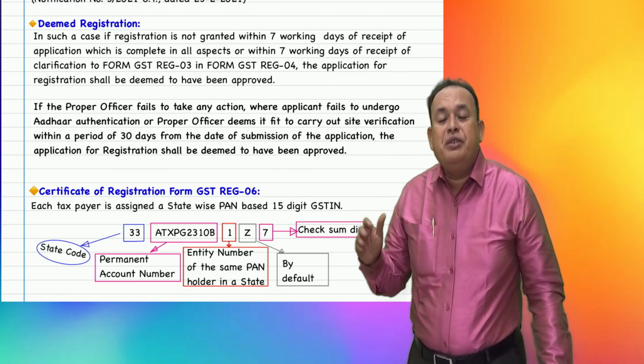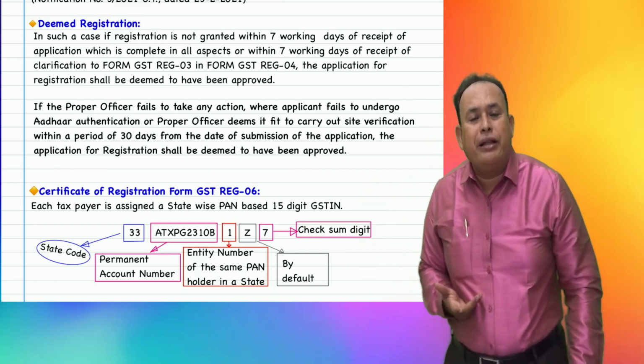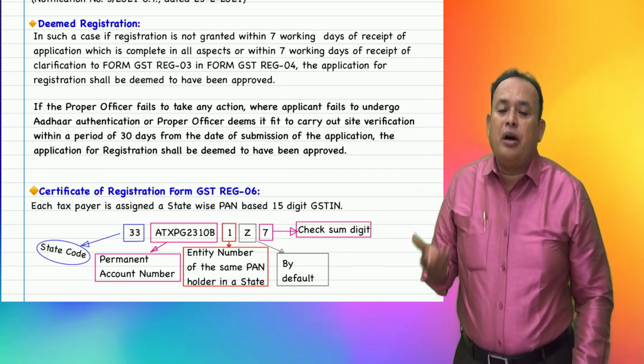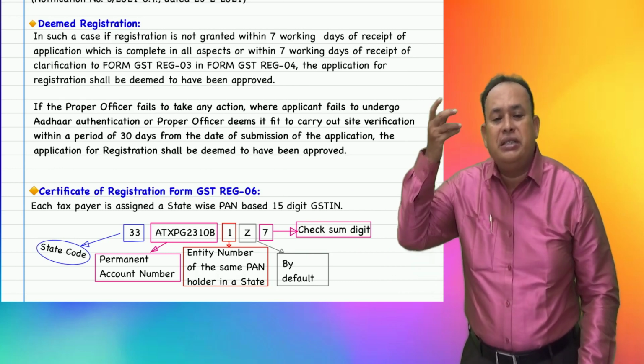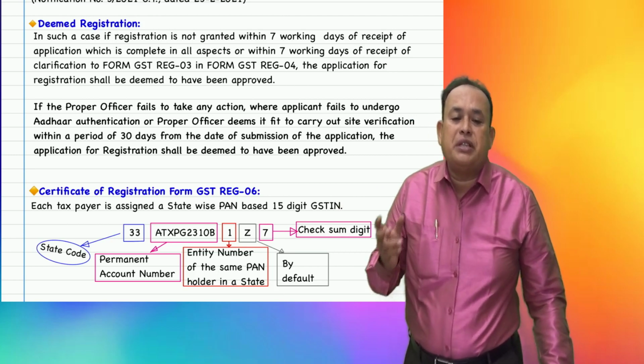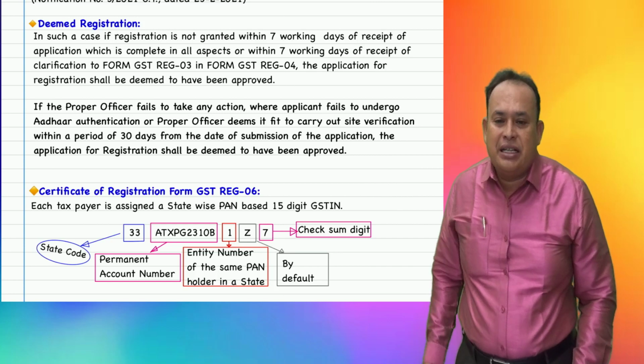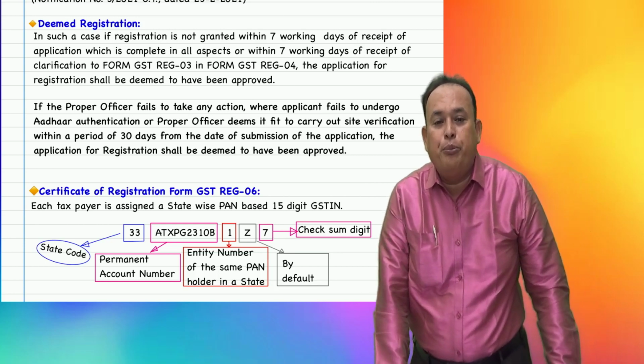If the proper officer fails to take any action where the applicant fails to undergo Aadhaar authentication, or the proper officer deems it fit to carry out site verification, within a period of 30 days from the date of submission of the application, the application for registration shall be deemed to have been approved.